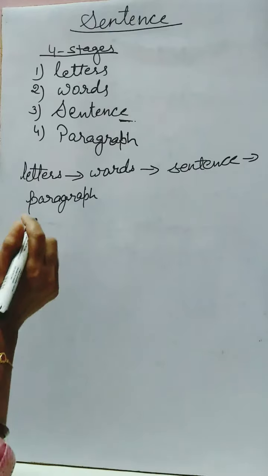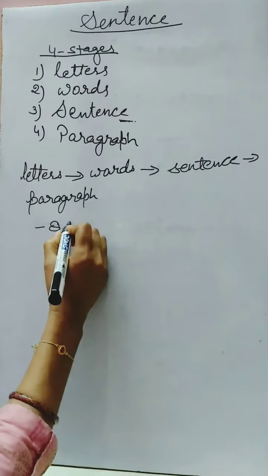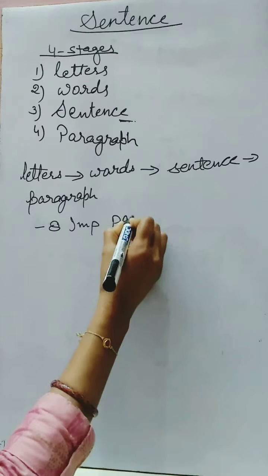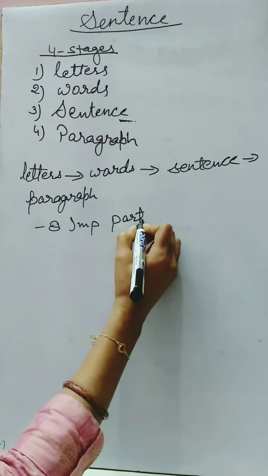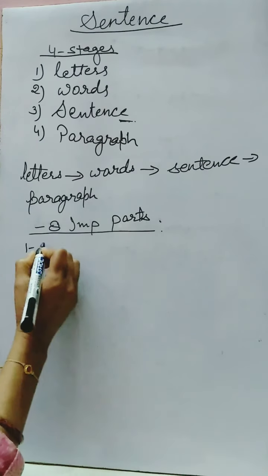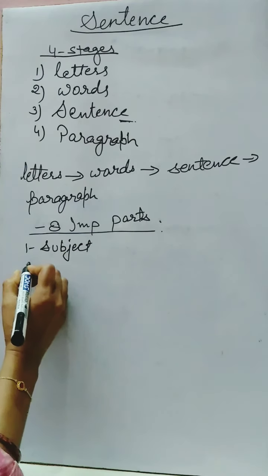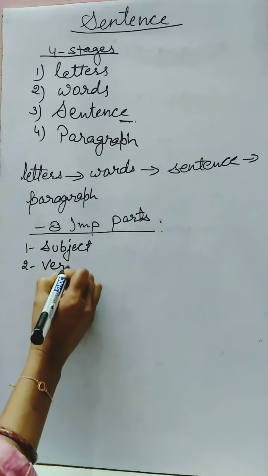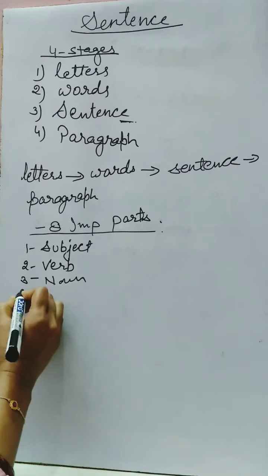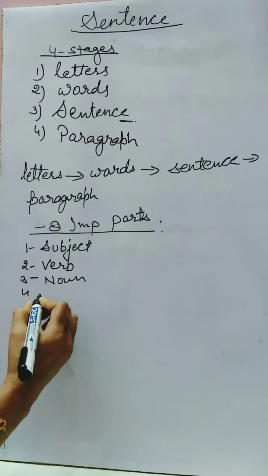The sentence in the English language consists of 8 important parts, which are helpful to make the sentence. These are: number one, subject. Number two is the verb. Number three is the noun. Number four is the action verbs.